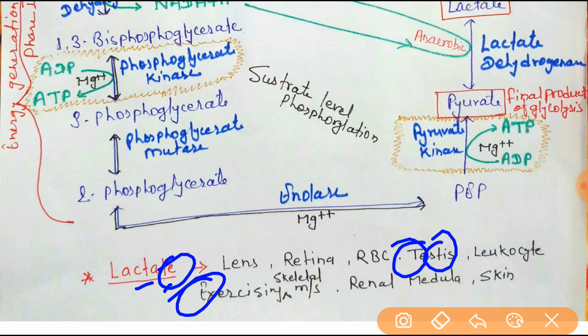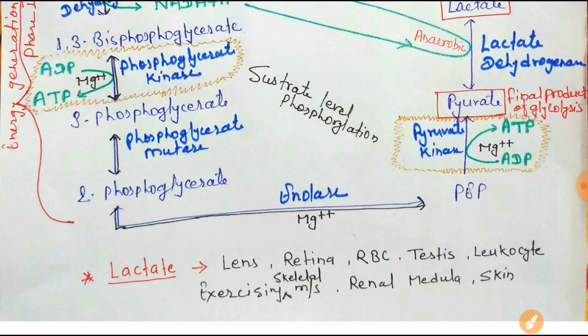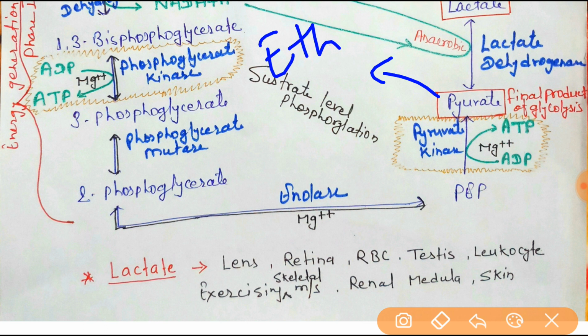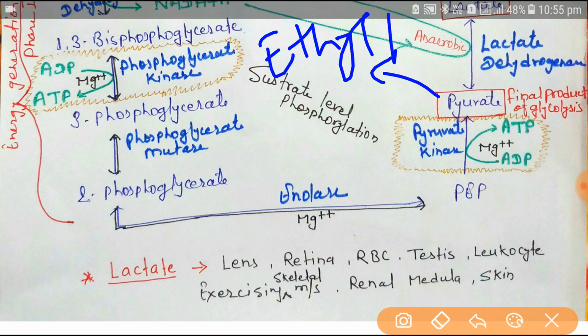And next thing is, also in anaerobic respiration, the next product formed is ethyl alcohol.